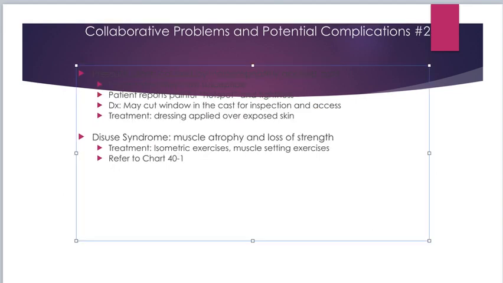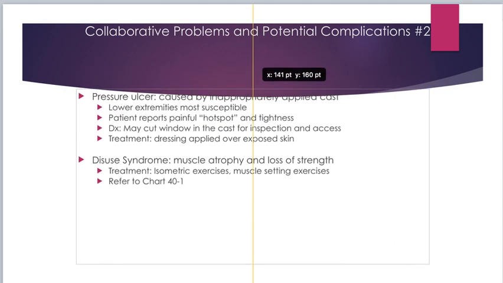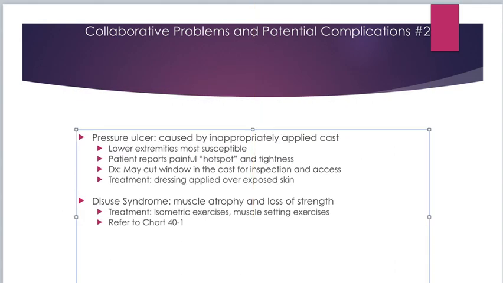Then we've got, sorry, I'm just moving this down, pressure ulcers. So if we ignore painful reports of a specific area that is especially painful or tight, it can develop a pressure ulcer.